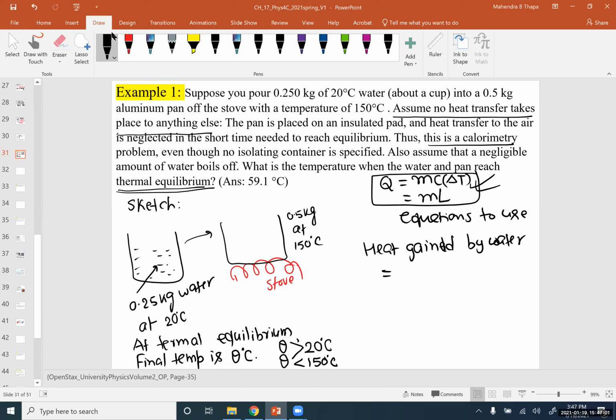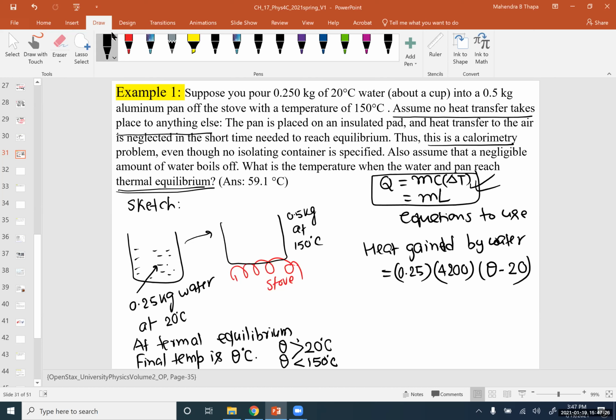According to this formula, m c delta theta: 0.25, the specific heat capacity of water is 4200, and the change in temperature: the final temperature is theta, the initial temperature is 20.